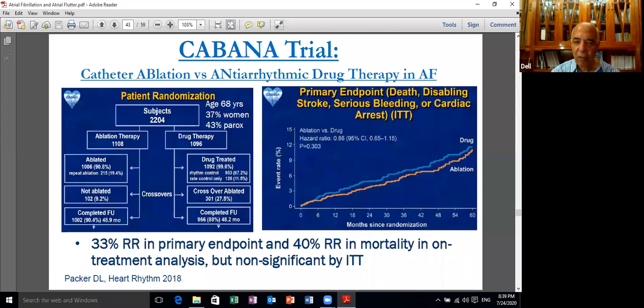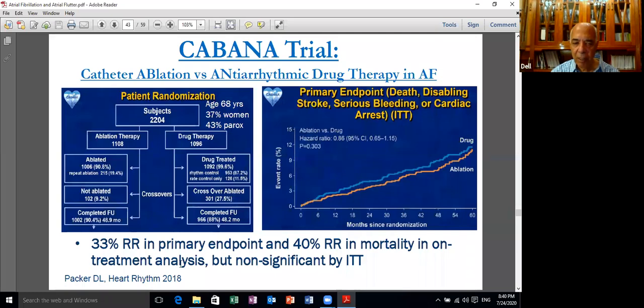So the analysis of the trial, if it is done by the traditional bias-free method, which is intention to treat analysis, shows no difference in the primary endpoint of death, disabling stroke, serious bleeding, or cardiac arrest. But if you only look at patients who actually received the treatment, what we call an on-treatment analysis, then there is a difference.